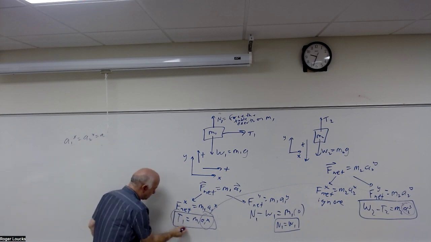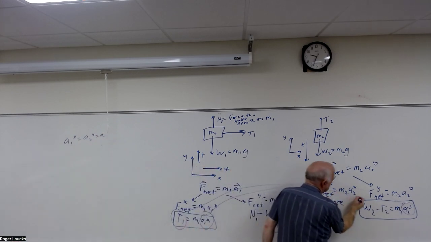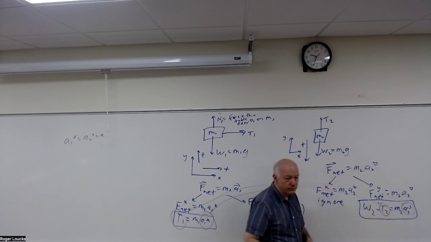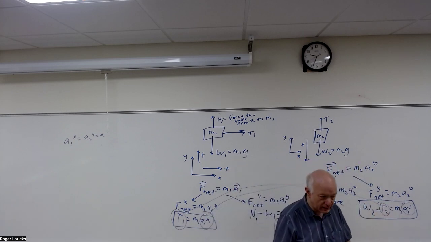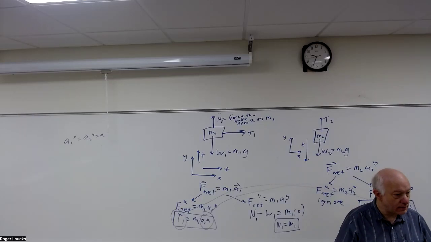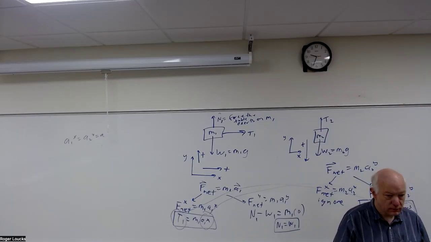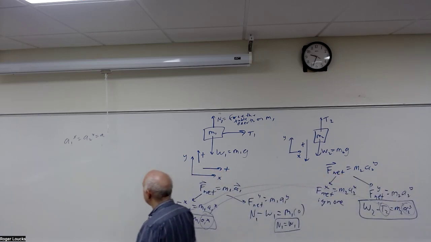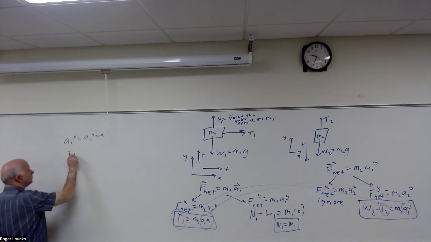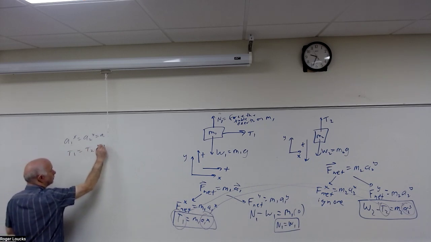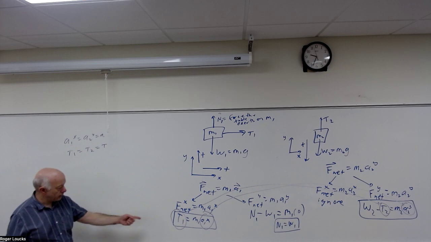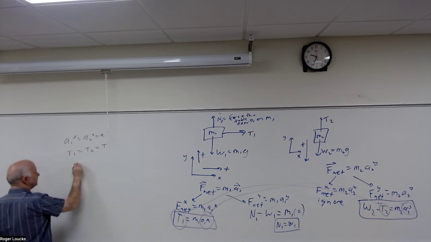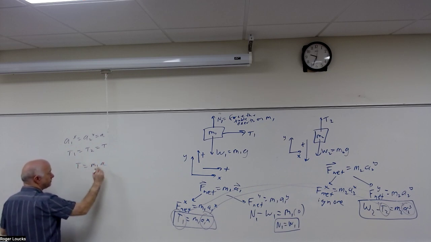Now, what did we say about T1 and then T2? We said if that string is massless, and if that pulley is massless and frictionless, what do we know about the tensions? They're the same. So we can say that T1 equals T2 equals T. So I'm going to rewrite these equations here. This one here is my T equals M1A.